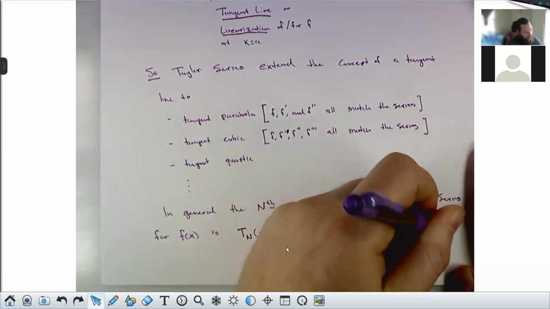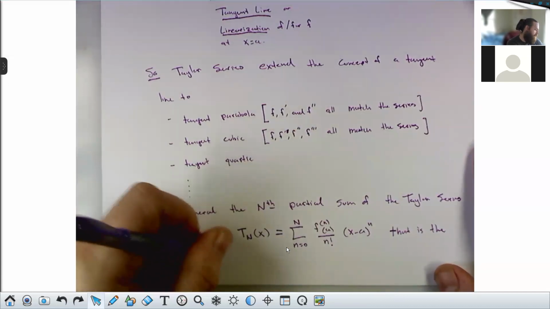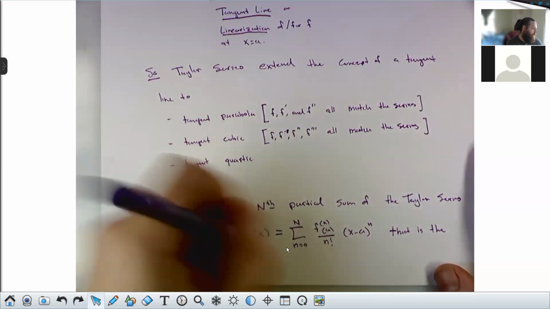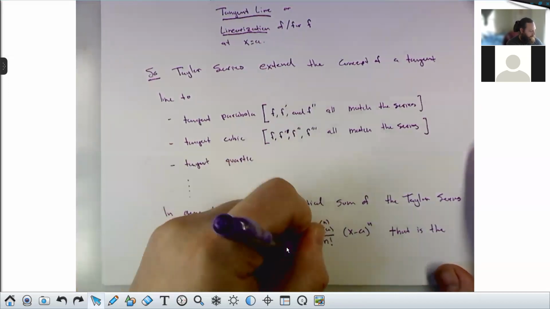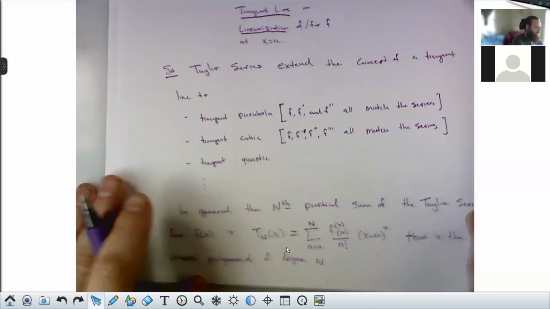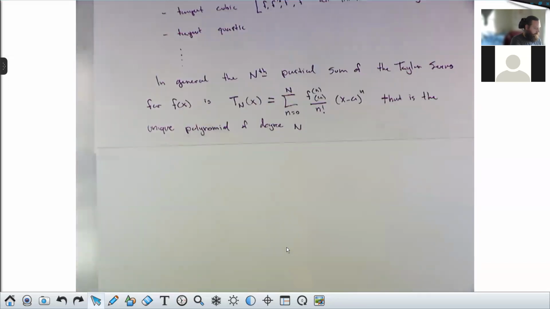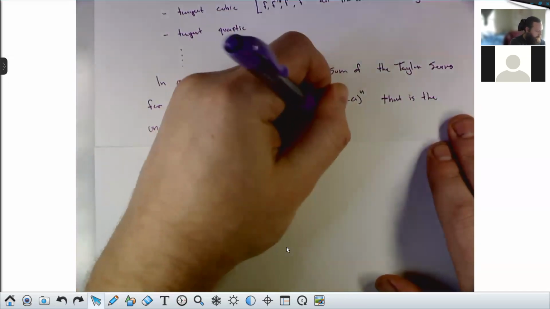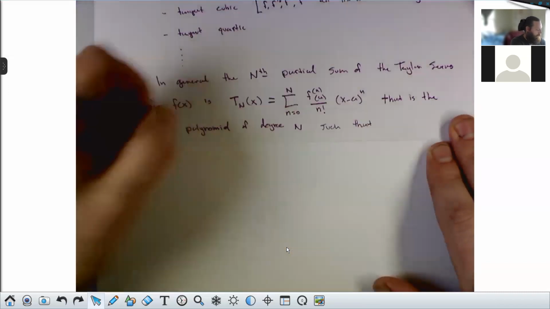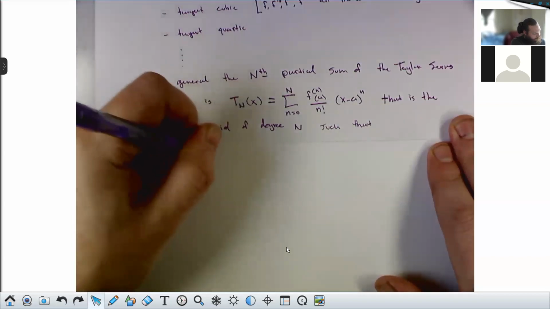That is the unique polynomial of degree capital N, which has the same 0th derivative, first derivative, second derivative, third derivative, out to capital Nth derivative, and such that Tn of a is equal to f of a.